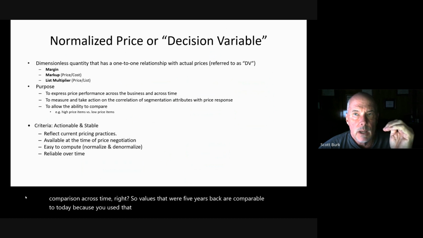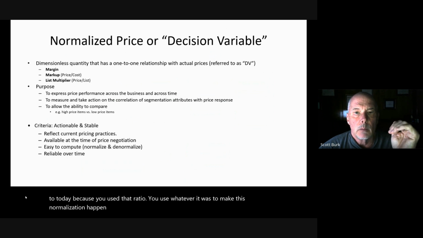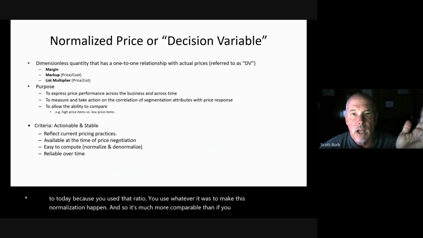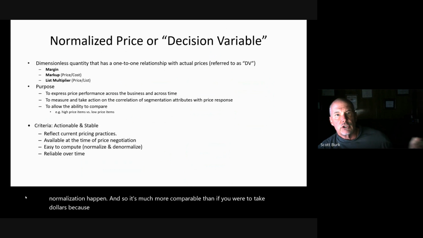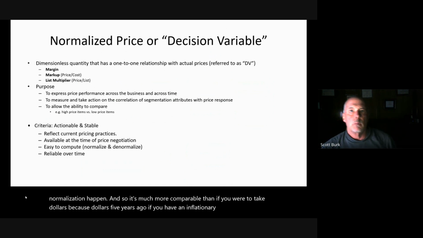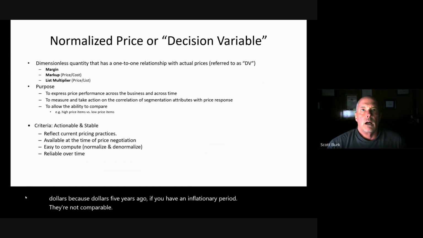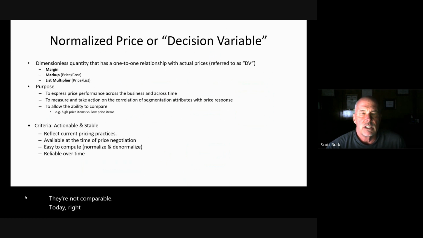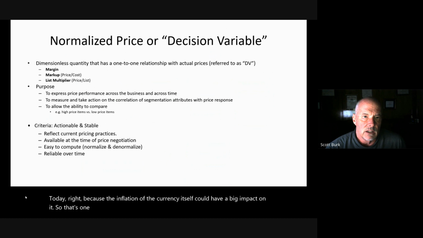You used whatever it was to make this normalization happen. And so it's much more comparable than if you were to take dollars, because dollars 5 years ago, if you have an inflationary period, are not comparable to today, right? Because the inflation of the currency itself could have a big impact on it. So that's one of the things that you want to take into consideration.